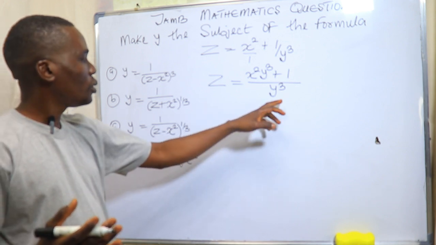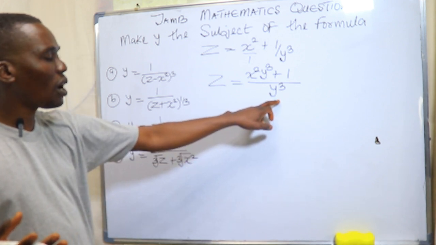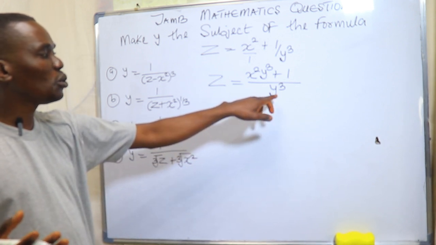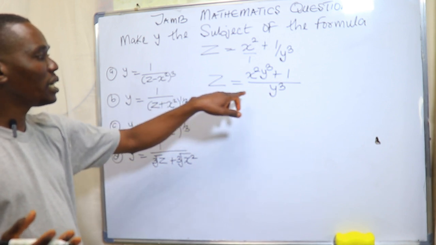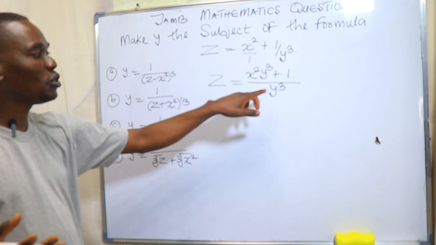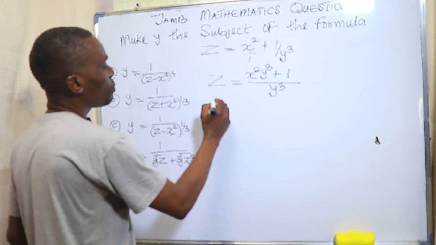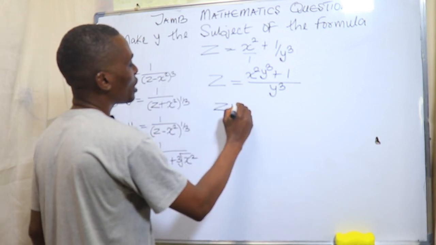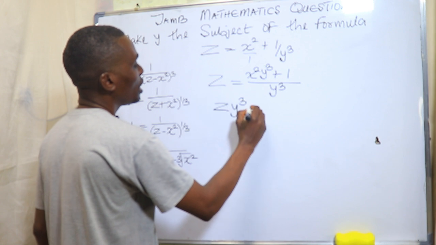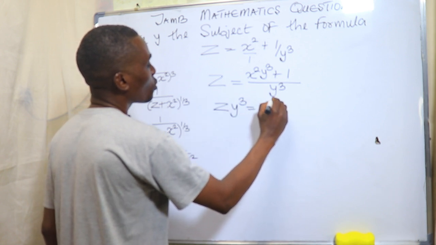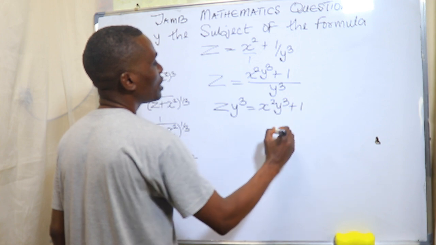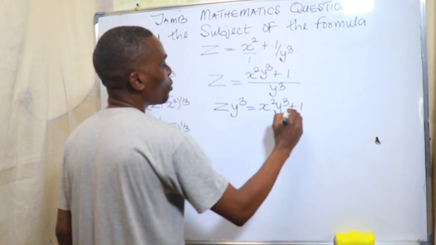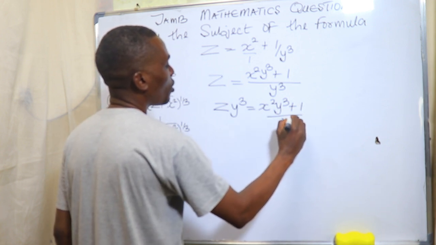Now for us to remove this y to the power of 3 here, we need to multiply both sides by y to the power of 3. So if I multiply here by y to the power of 3, I will get z y to the power of 3, and that one will be equal to x squared y to the power of 3 plus 1, abi, divided by y to the power of 3.